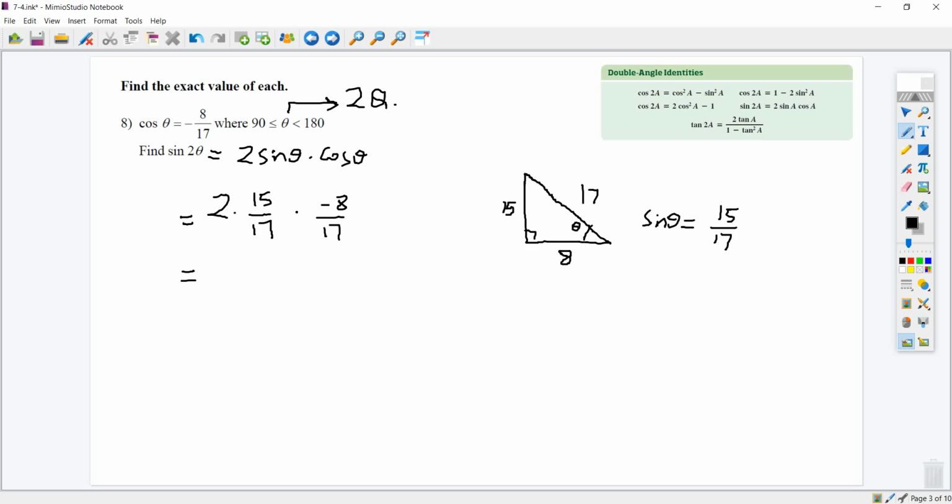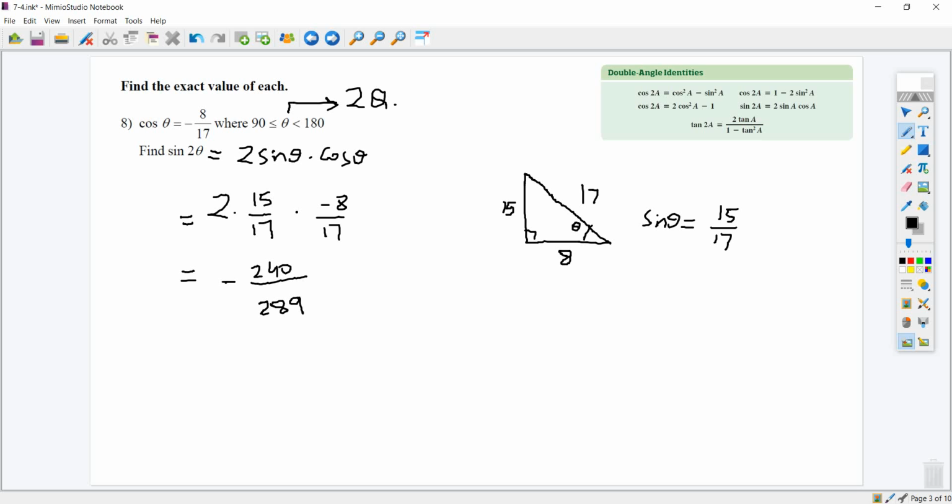If you multiply and do the math, you will see it's a negative 240. 2 times 15 is 30, times 8 is 240, and minus here in the front, over 17 times 17, that's 289. So the answer for sine 2 theta will be negative 240 over 289.